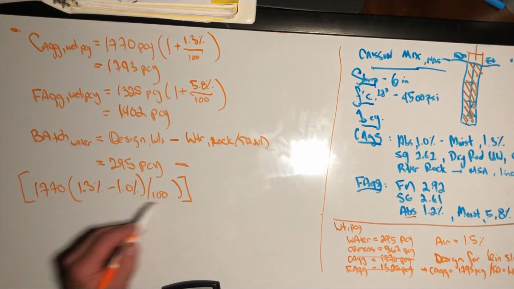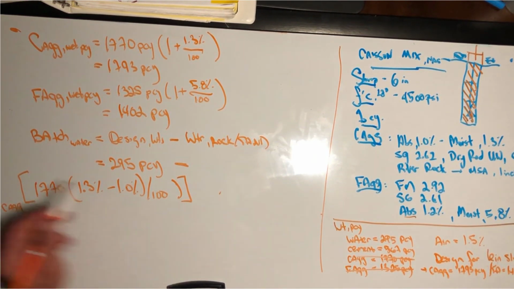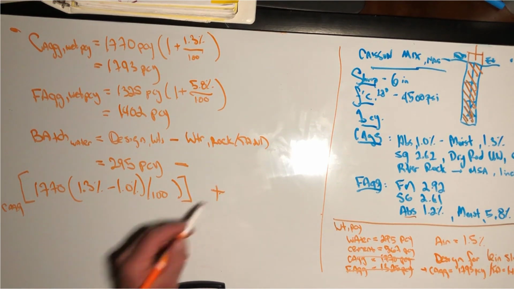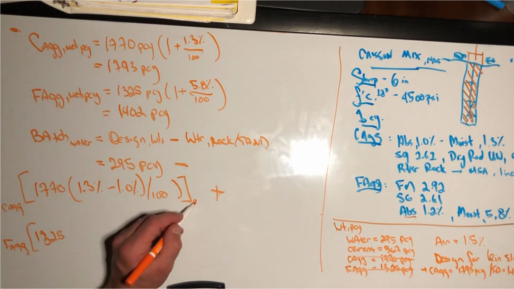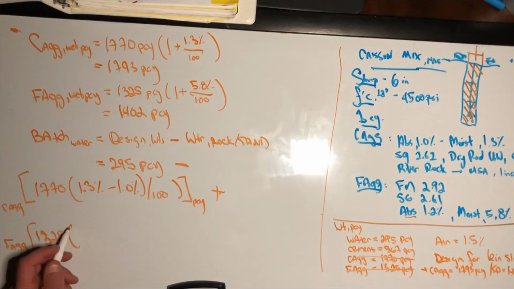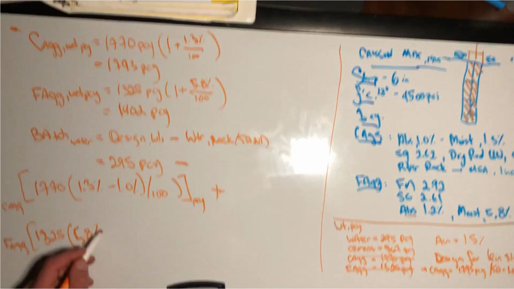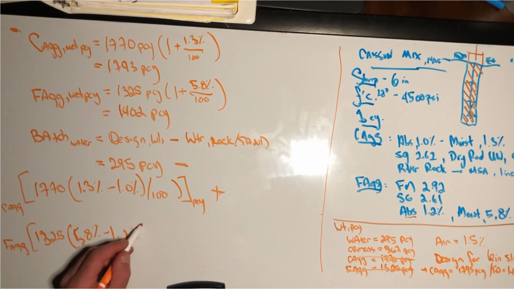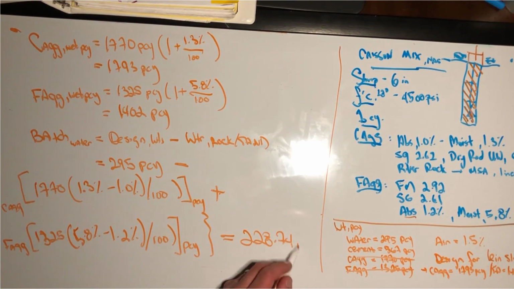And so this was our coarse ag, and of course we're also going to have plus our fine ag, and that was 325 pounds per cubic yard. 325 times 5.8% minus 1.2%, all divided by 100, gives us a new water content of 228.74 pounds per cubic yard.